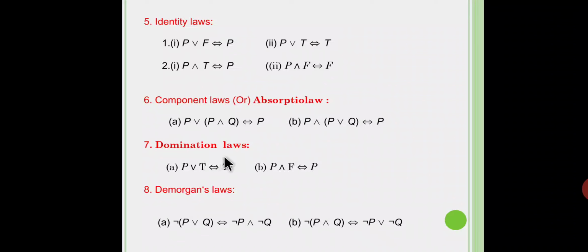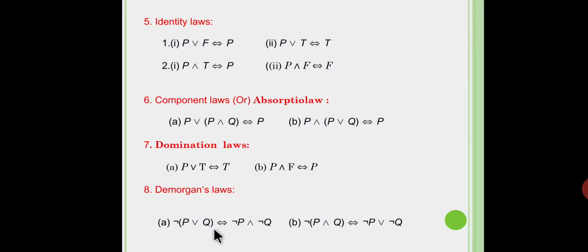Another one is the domination law. P or true is equivalent to true. P and false is equivalent to P. De Morgan laws.